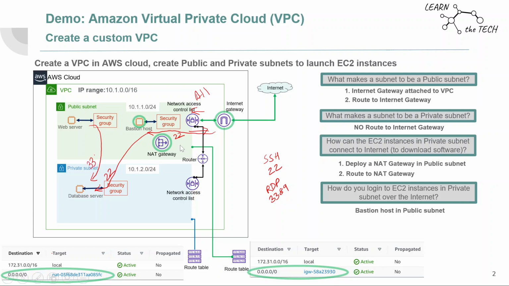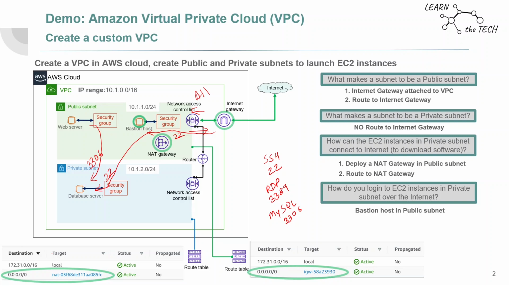So here the port is 3306 for MySQL. Okay, so we'll allow 3306 in the inbound rule in the security group of the database server.